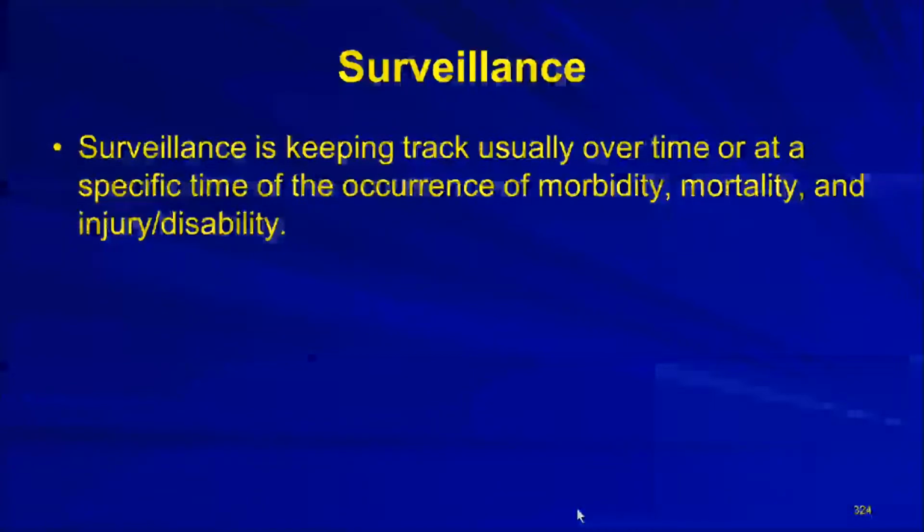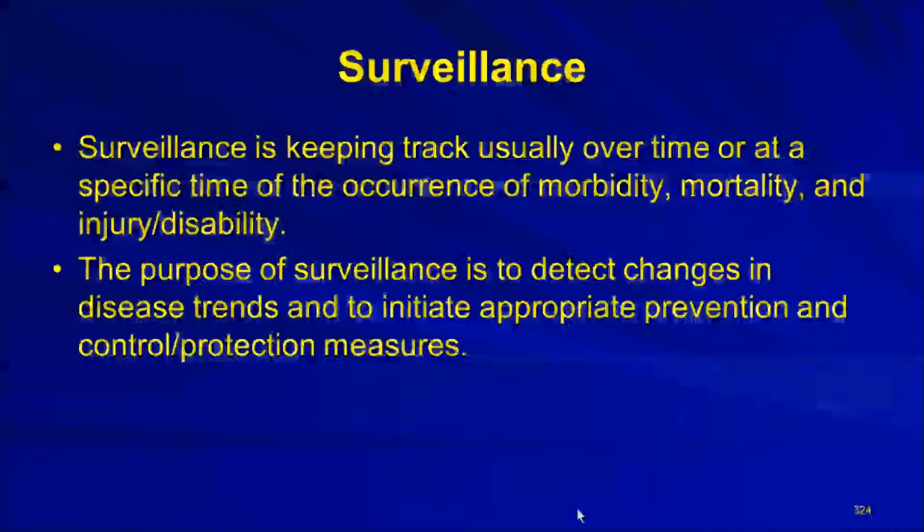Well, I'm joking about that, obviously, but that's not what we mean by surveillance here. It's data driven. The purpose is to detect changes in diseases and to initiate appropriate prevention, control, and protection measures. That's why we're keeping track.